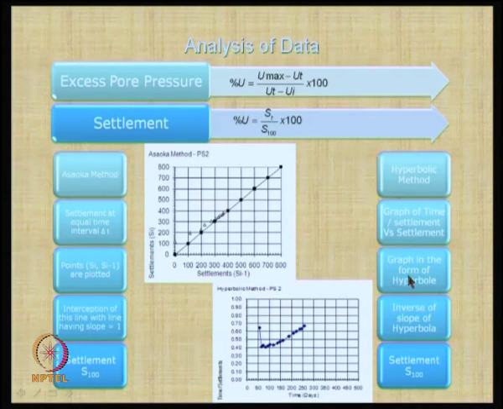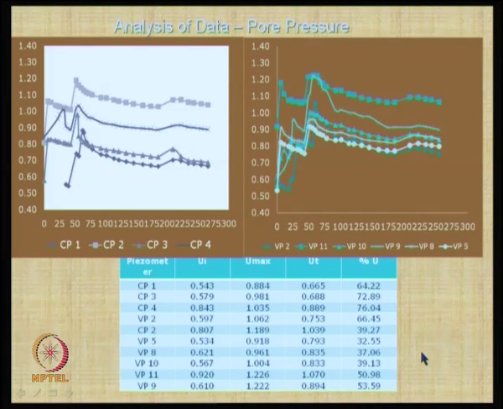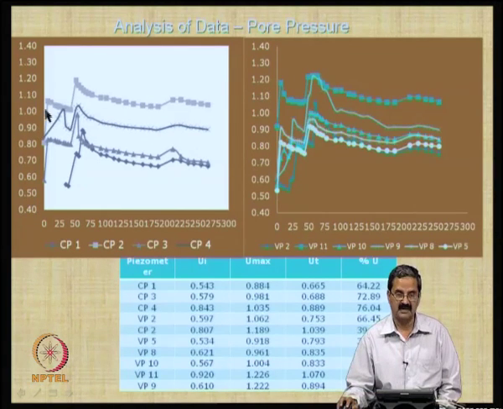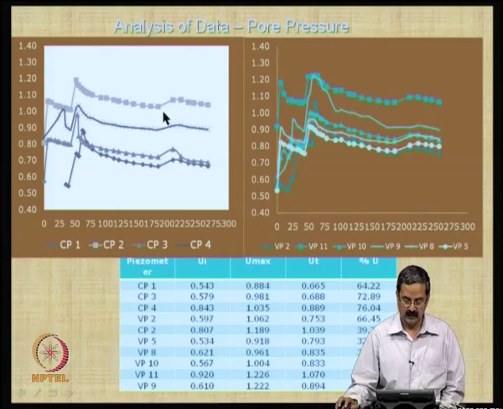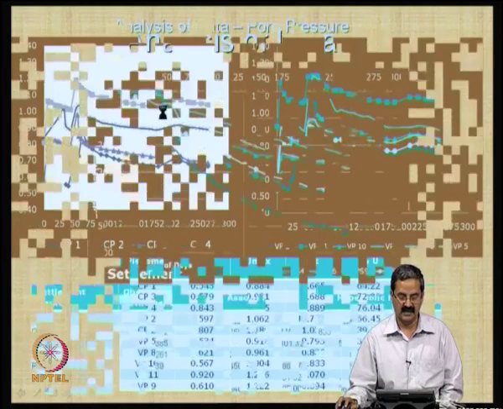So, this hyperbola is converted into suitable coordinates, and one can calculate the ultimate, long-term settlement. These are all typical observations they had for pore pressure variations, and they had some understanding of this.